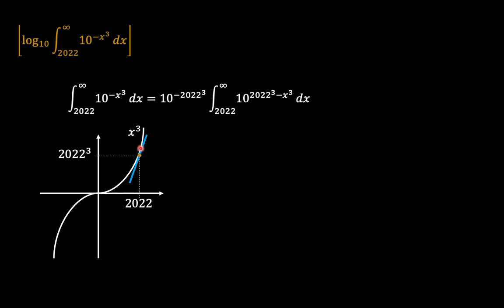As can be seen, the tangent at any point on the positive quadrant of x cubed is always going to be less than the function itself. So it suffices to say that x cubed is greater than the tangent at any point where x is greater than 0.